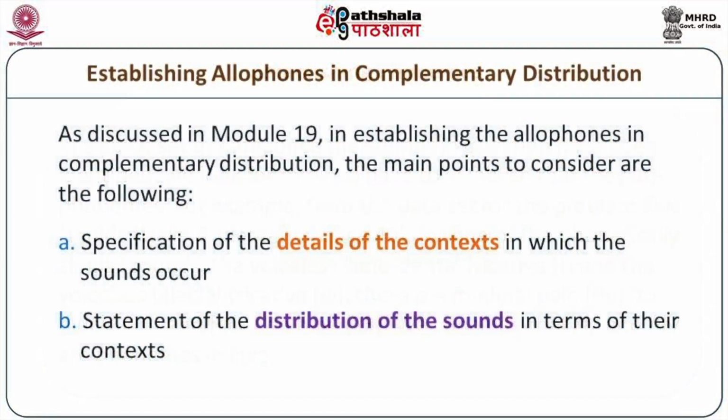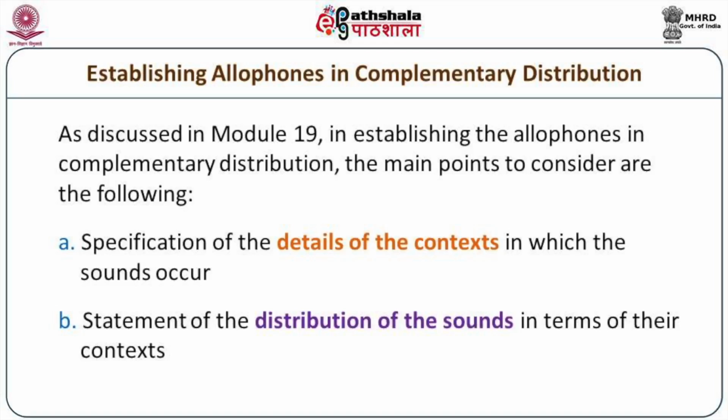We will now consider the factors that are important in establishing allophones in complementary distribution. We looked at some of these points in the last module, and we repeat them here on the screen. So you begin with specifying the details of the context in which the sounds occur.